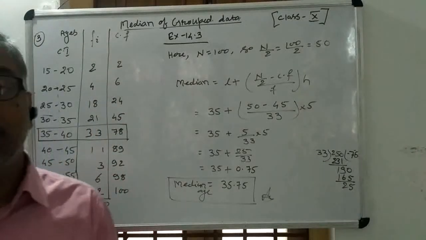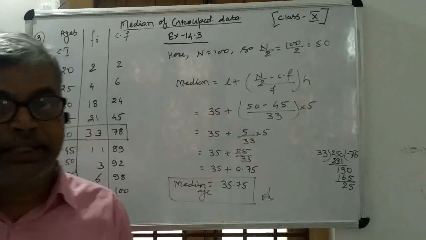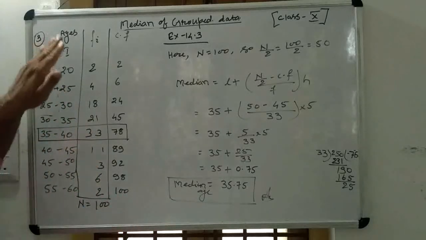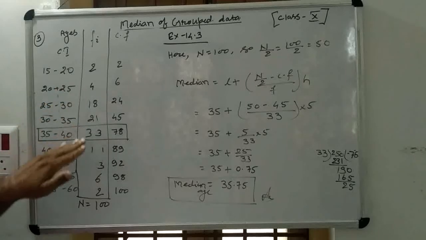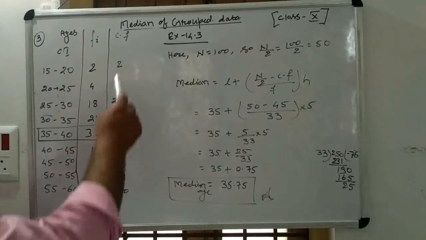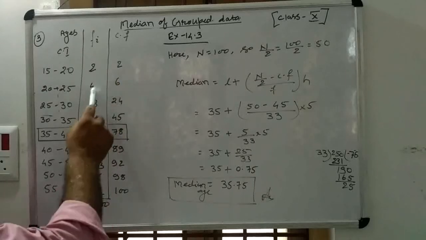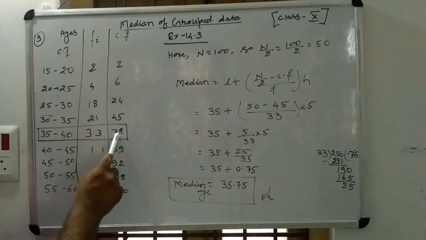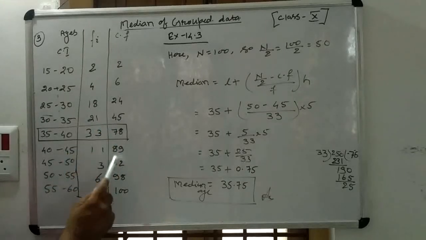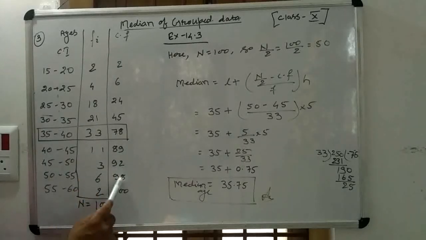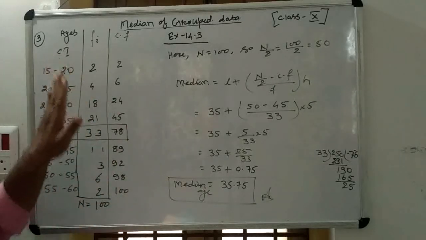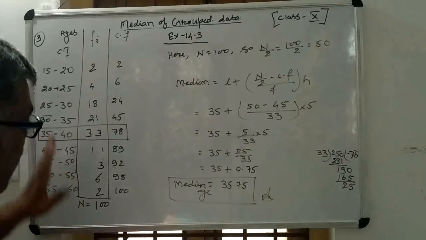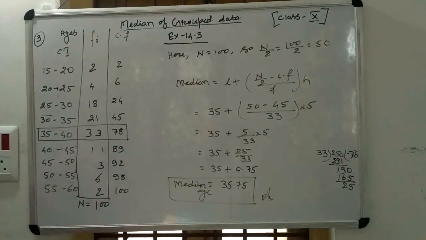So first you write 2, 6 minus 2 is 4, 24 minus 6 is 18, 45 minus 24 is 21, 78 minus 45 is 33, 89 minus 78 is 11, 92 minus 89 is 3, 98 minus 92 is 6, 100 minus 98 is 2. So in this way your frequency chart has been completed, and the sum of the frequencies is 100.